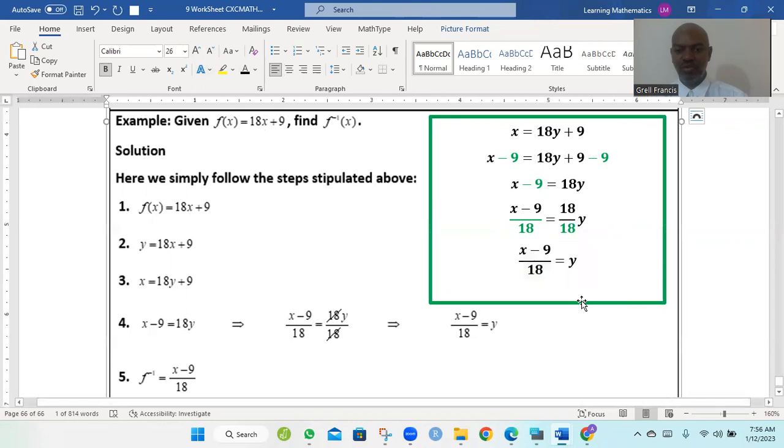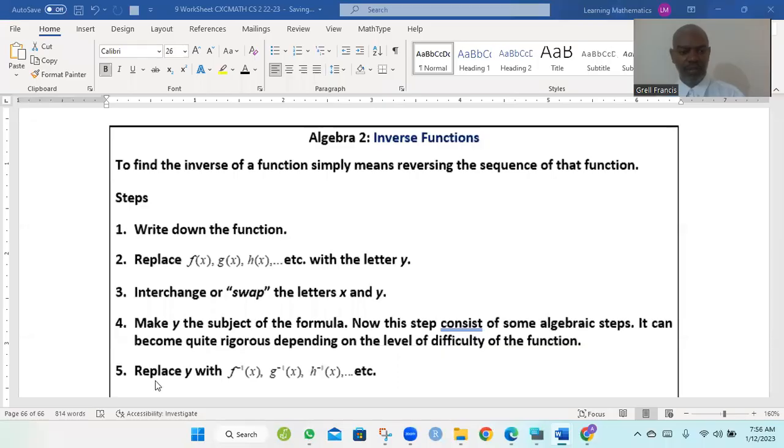So now we have accomplished y by itself, following these algebraic steps. And now the fifth step, let us remind ourselves what the fifth step says. The fifth step, which is the final step, says replace the letter y with the function f inverse of x.